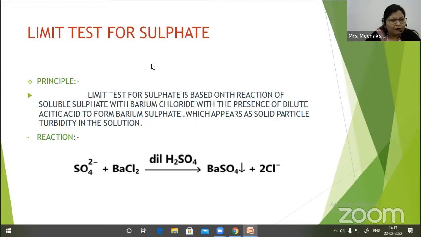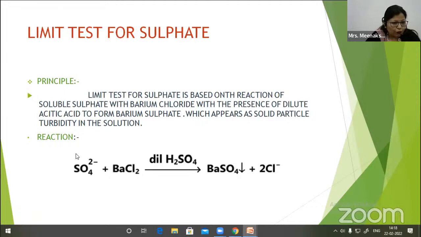The next example we have taken is the limit test for sulfates. Again, there is a reaction which follows the basic principle for the limit test for sulfate. The basic principle here is that sulfate impurities that might be present in the sample are treated with barium chloride, BaCl2, in the presence of dilute H2SO4. It gives BaSO4, that is barium sulfate precipitates, and those precipitates give us a turbidity.